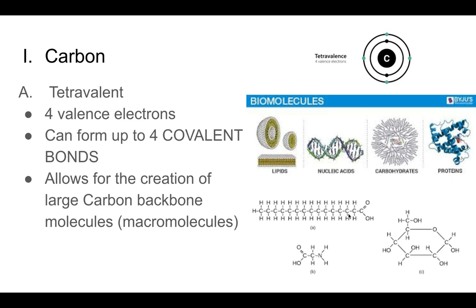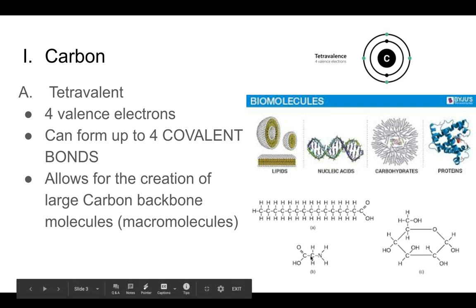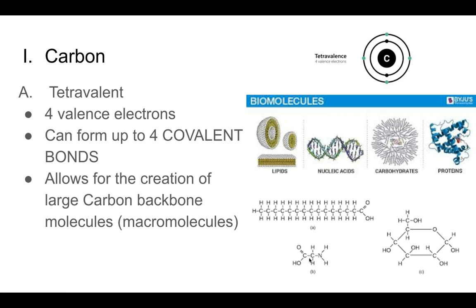This carbon chain right here helps us to see that each carbon is tetravalent in that it bonds to four neighboring atoms: one bond, two bond, three bond, four bond. Here you can find a central carbon that is tetravalent, with one, two, three, four bonds, always four of these lines coming off of a carbon.